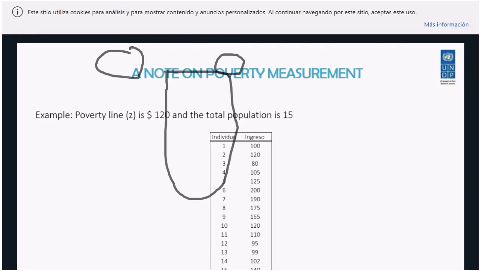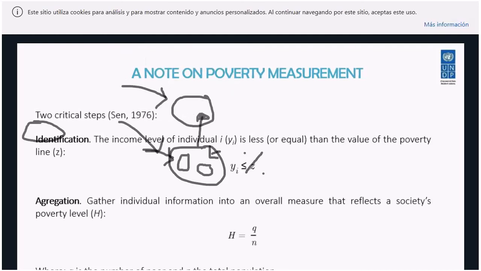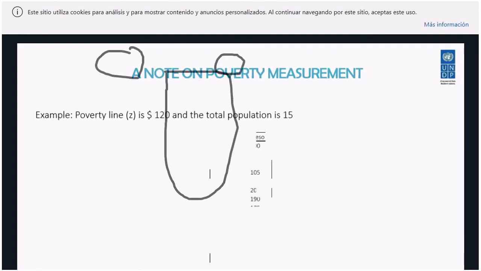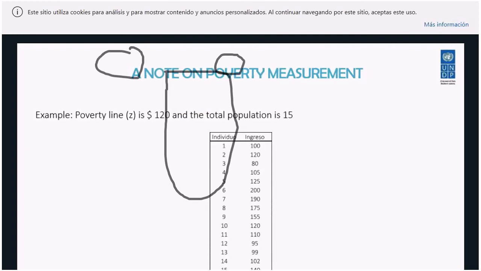As we saw just recently, according to this identity, we can determine that this first individual is poor because 100 is lower than 120. The second one is also poor because his or her income is at least the value of the poverty line.